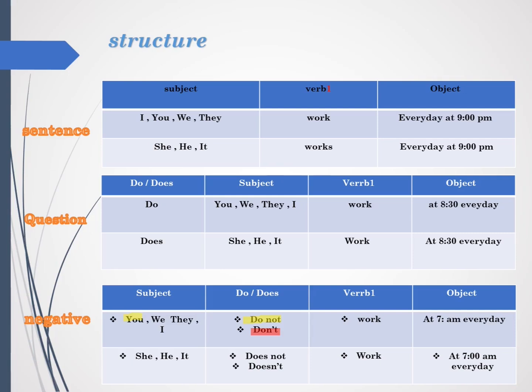She doesn't work at 7 a.m. every day. And here we have something to focus on in the questions and negative sentences. We don't add s or es or ies to the end of the verb. We just add it in the positive sentence.